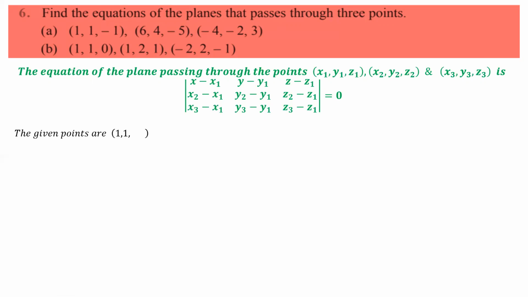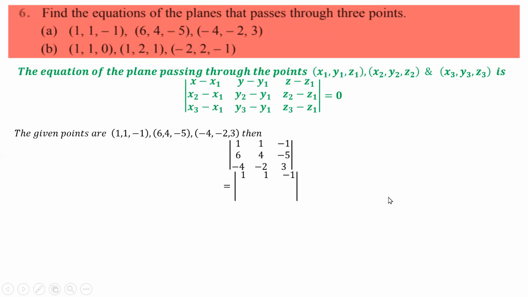So here the points are (1, 1, minus 1), (6, 4, minus 5), (minus 4, minus 2, 3). These 3 points are given. Let us find their determinant value first. Now just subtract R2 minus R1 and R3 minus R1.